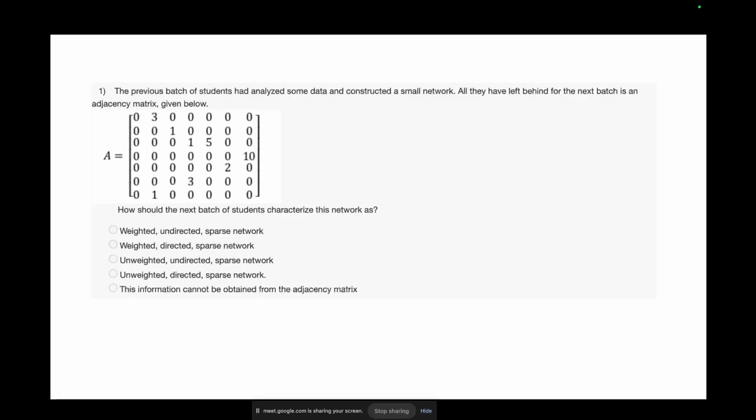A sparse matrix is the same concept: very few non-zero elements inside the matrix, and most of them are zero. I wanted to tell you the meaning of the word sparse in this context.